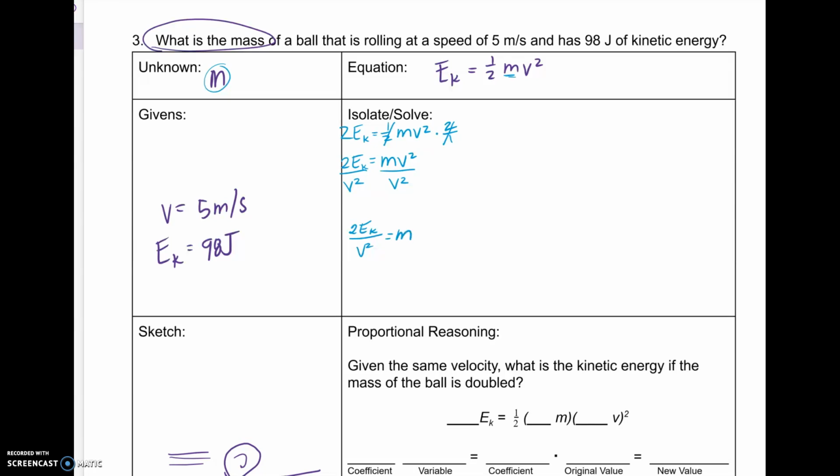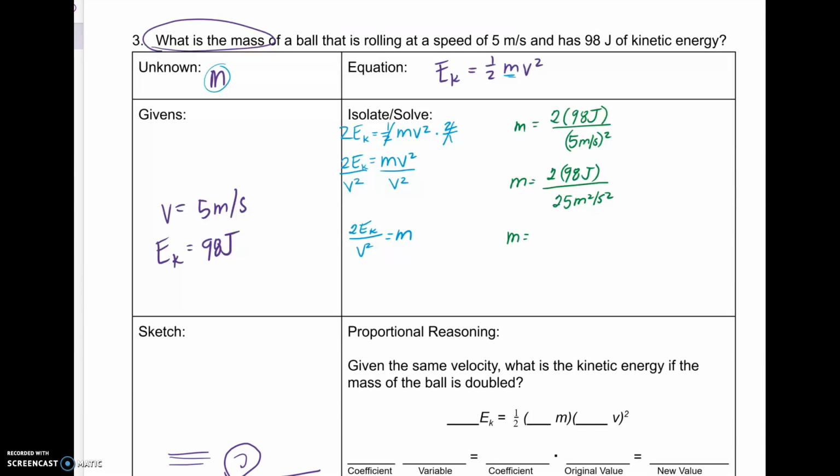Now we're ready to solve for mass. So we have mass is going to be equal to 2 times our EK, which is 98 joules, over velocity squared. Okay, so we have mass is equal to 2 times 98 joules over 25 meters squared per second squared.